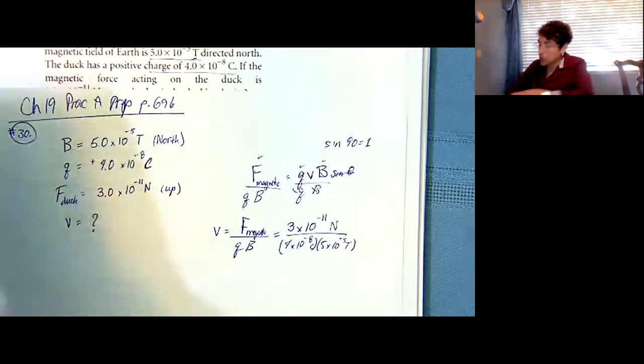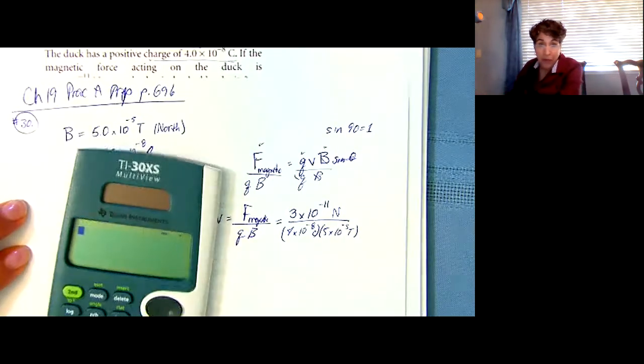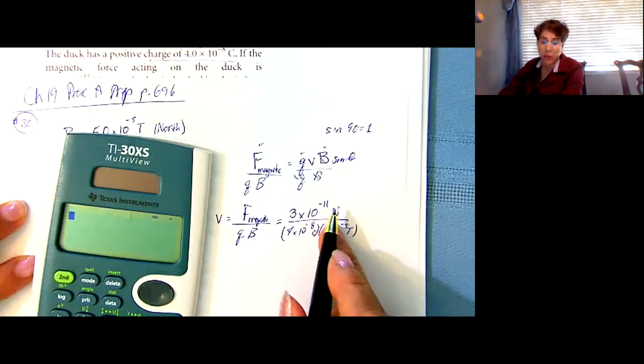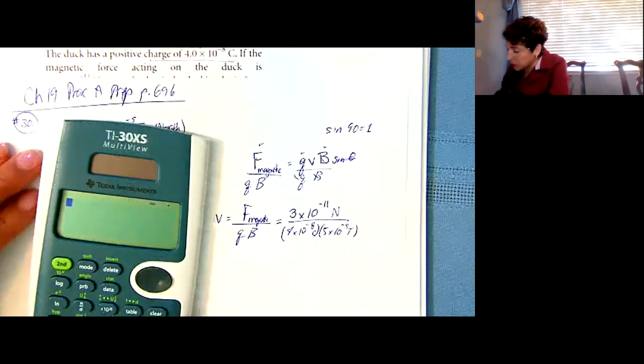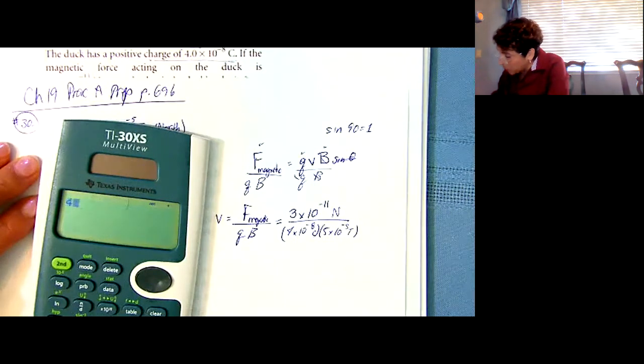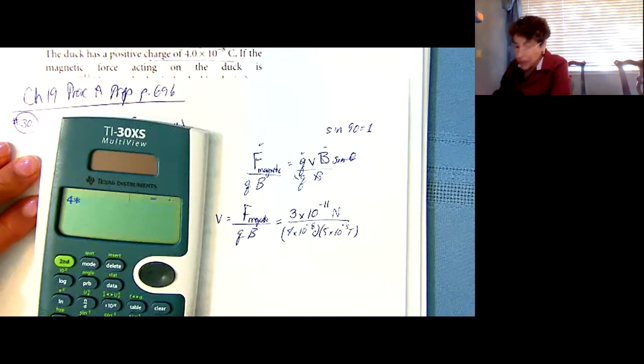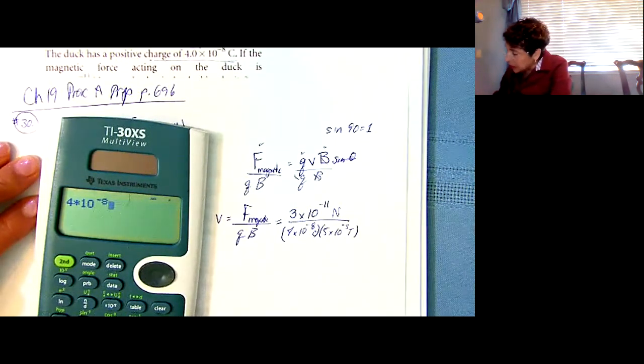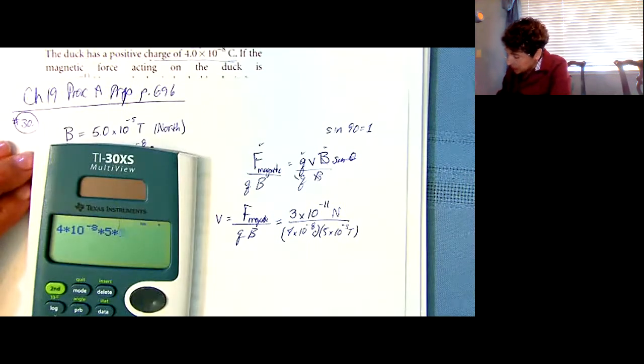Now what I like to do is I like to do the denominator first, and then I take the inverse of the denominator and multiply by the numerator. So let's see if I get that now. Here we go. 4, you can see my calculator, times 10 to the negative 8, bring down the cursor, times 5 times 10 to the negative 5.